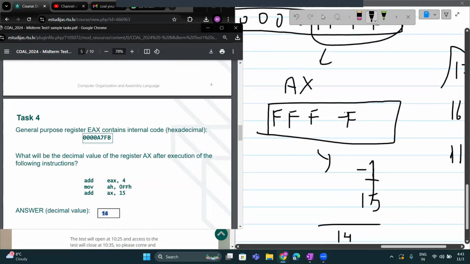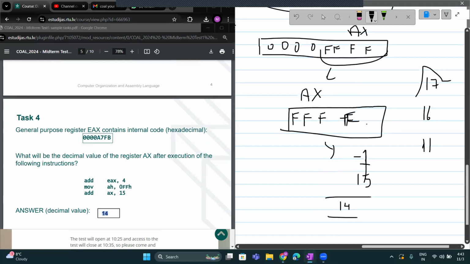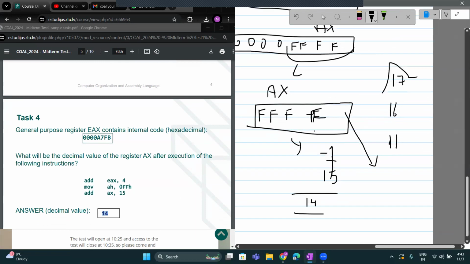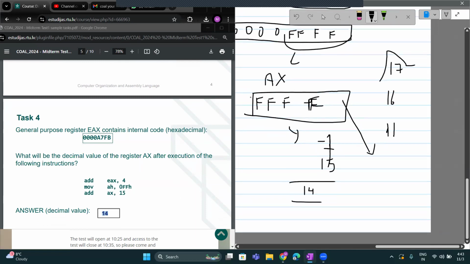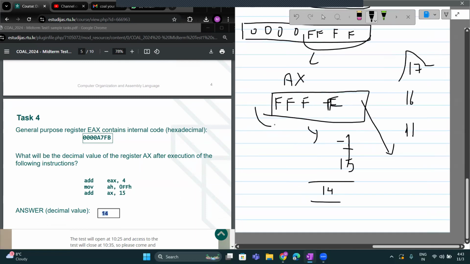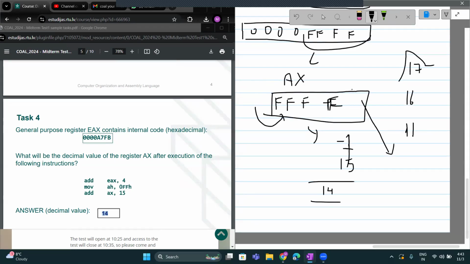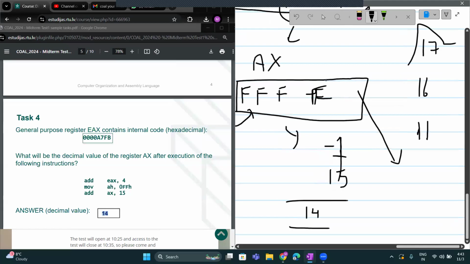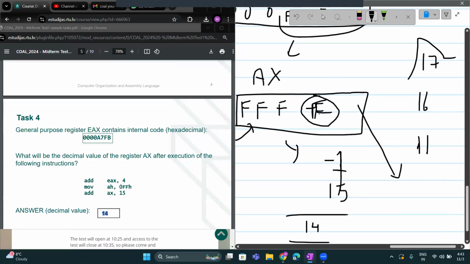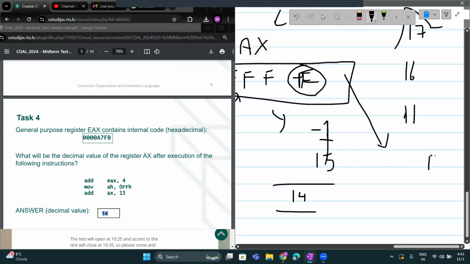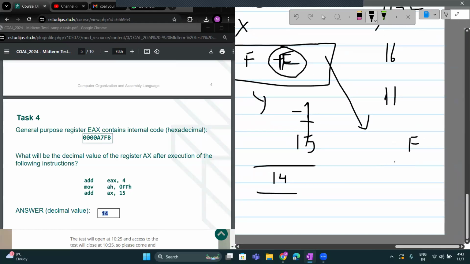And how do I know if it is -1 or not? You have to visualize. First of all, if it's FFF until the end, that means it's a negative value. And then we see how far it is from 16. If it's 15, we basically subtract 16 from this.